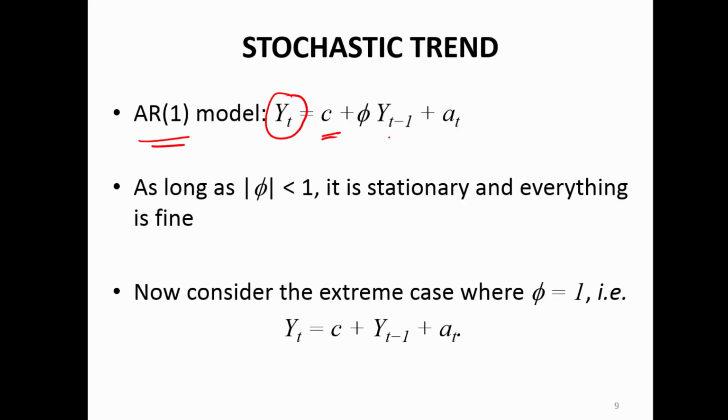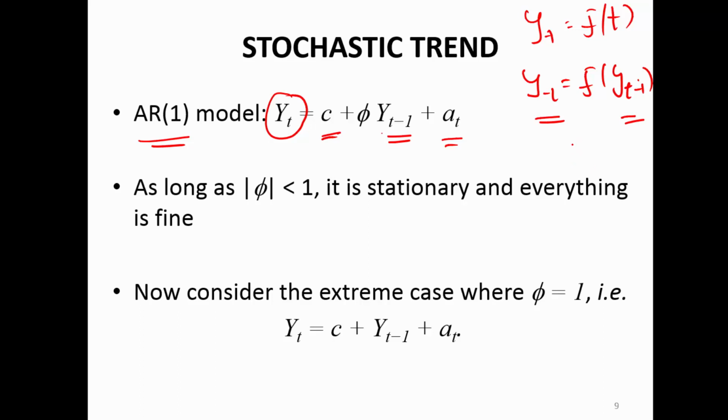We have a constant, and then it's a function of its previous values, yt minus 1, and we have an error term. Remember, in deterministic trend we had yt as a function of just the time. Here yt is a function of its past values, yt minus 1. So yt can be found from the previous value of the same time series.